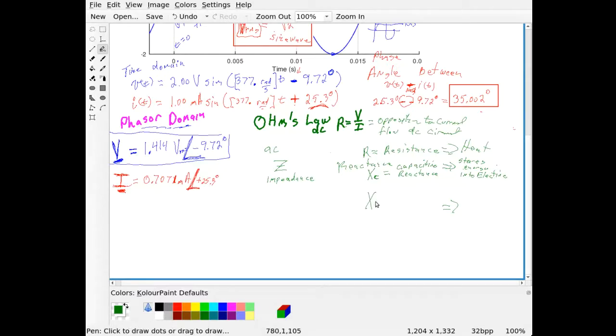So we have something we call inductive reactance, and inductive reactance stores energy into a magnetic field.